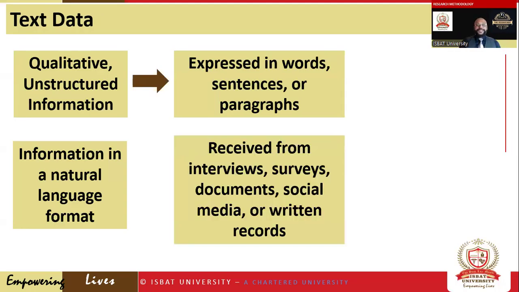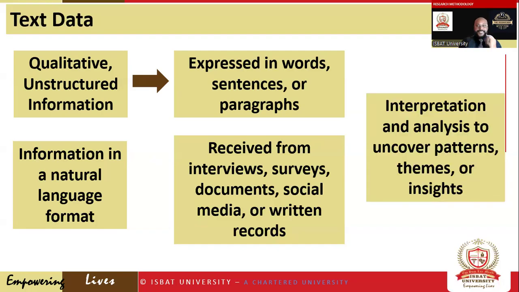Now, these are received from interviews, surveys. We can get text data from documents, social media, and from written records. So these are the many ways you can get text data. Even from recordings, you can get text data. Nowadays, all the software is well equipped that when you speak, you get the text actually typed out. And this you can give for analytics.